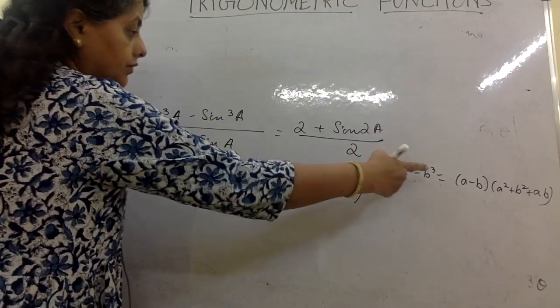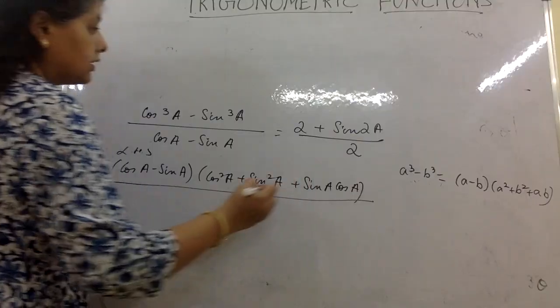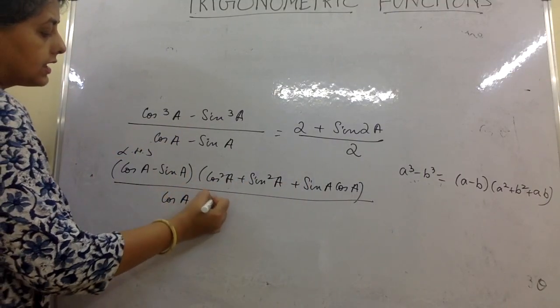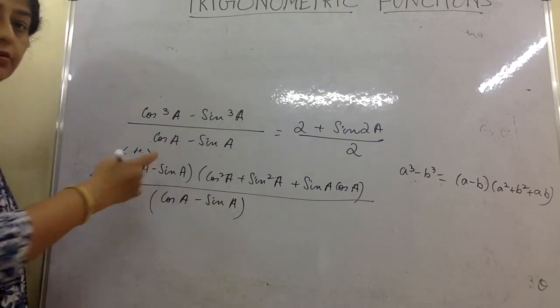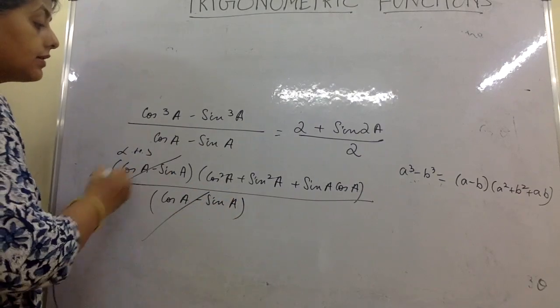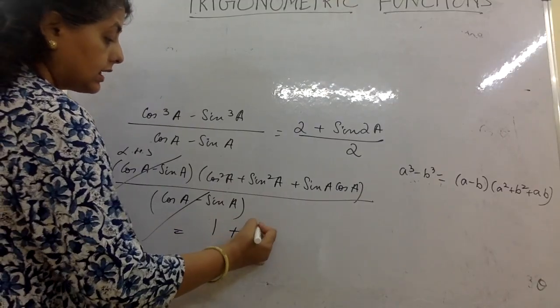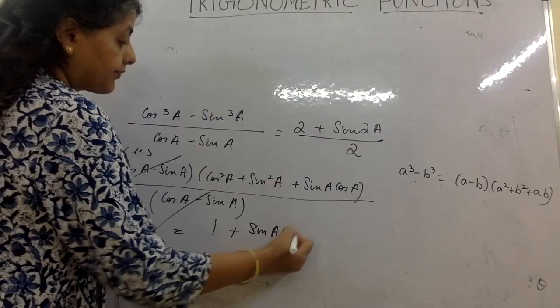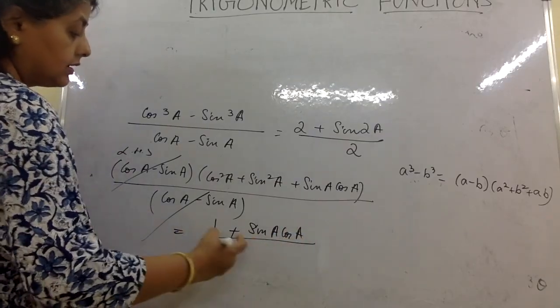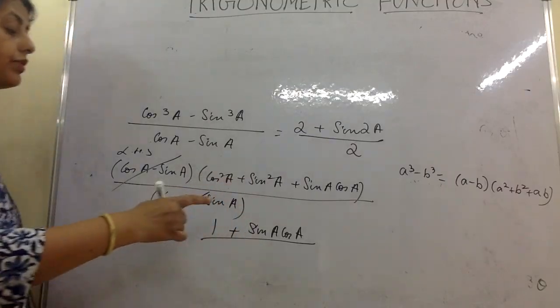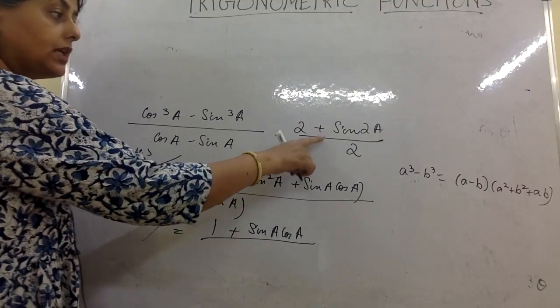Okay, exactly following that. Now here we have cos A minus sin A. We are not going to do anything with this. We are going to leave it as it is, cancel it out. We are left with this 1 plus sin A cos A, by 1. Okay, but then now we'll have to make it look like this.